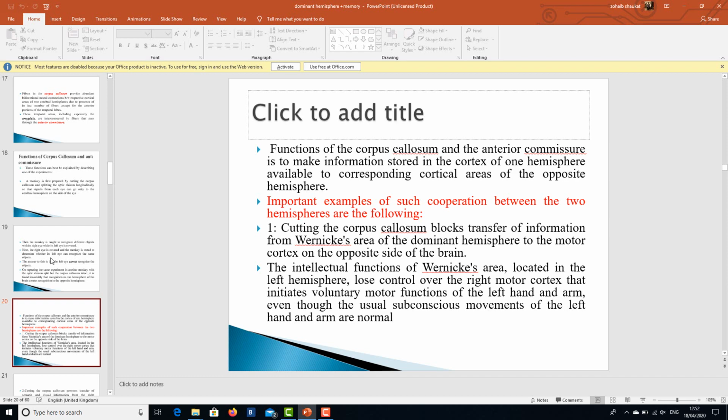Cutting the corpus callosum blocks transfer of information from Wernicke's area of the dominant hemisphere to the motor cortex on the opposite side of the brain. The intellectual functions of Wernicke's area, located in the left hemisphere, lose control over the right motor cortex, which initiates voluntary motor functions of the left hand and arm, even though the usual subconscious movements of the left hand and arm are normal.